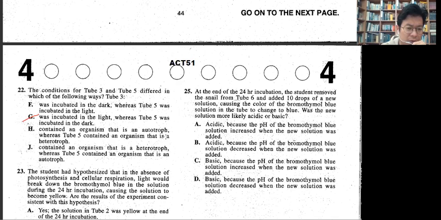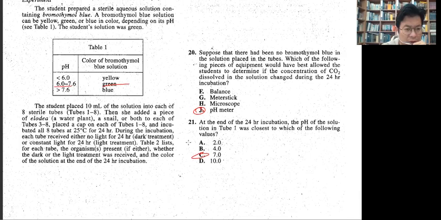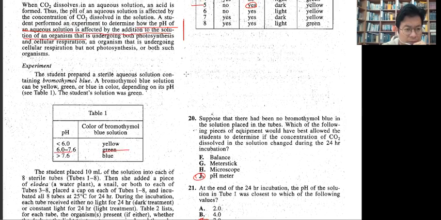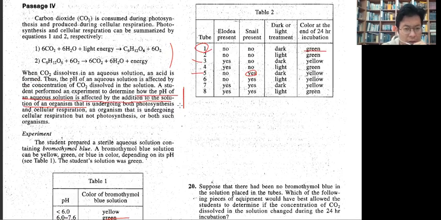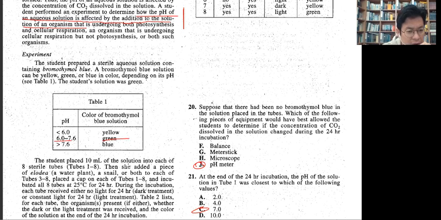Contained organism that overflow, 5 contained organisms. Okay. Elodea presence and snail presence is something that we have to compare, because 3, yes, for Elodea, but then here, Elodea, snail, both each.